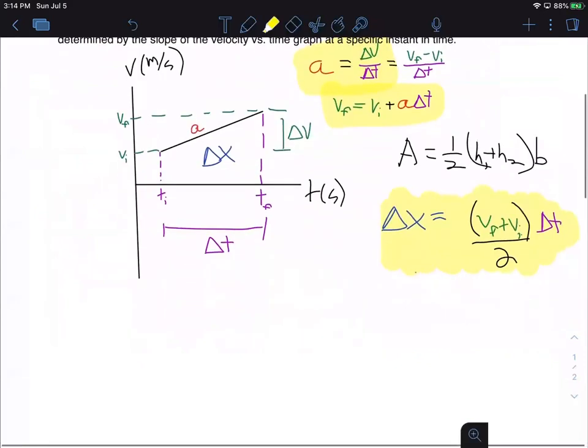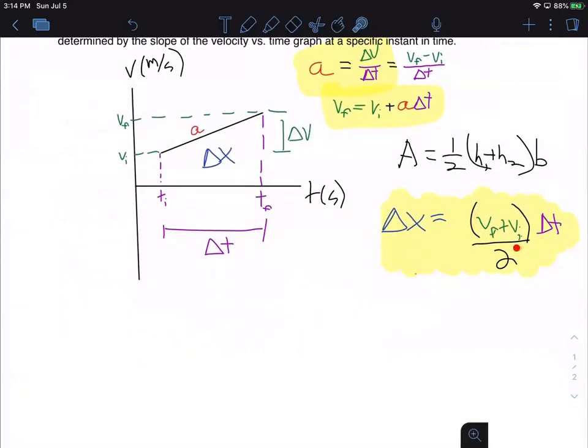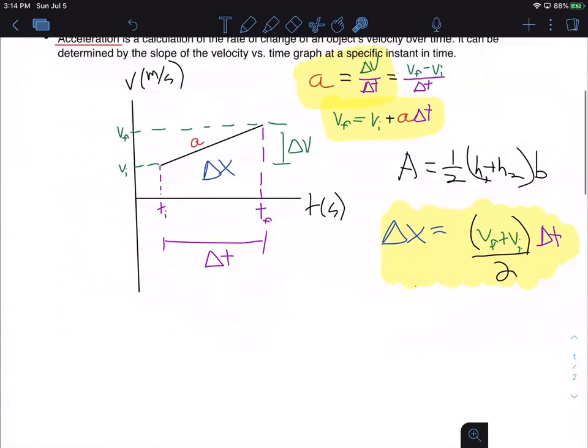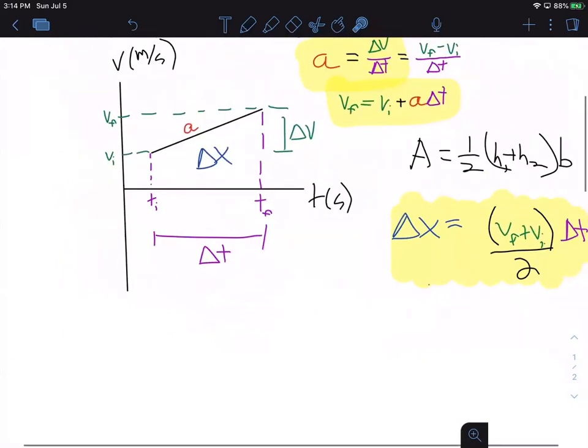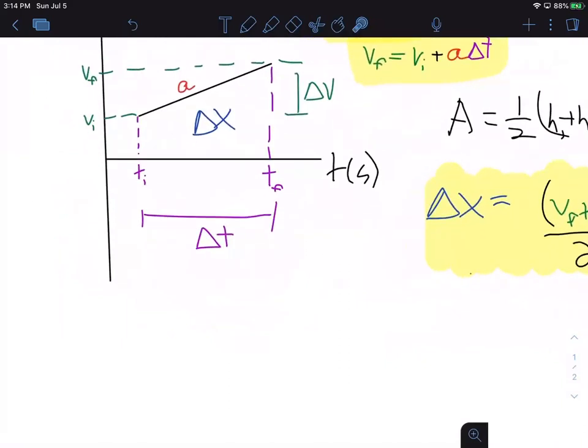Now let's say this requires us to know these different things to find this delta x. What if we didn't know the final velocity? What if we instead knew the acceleration? Could we still find this delta x? And yes, we definitely could.